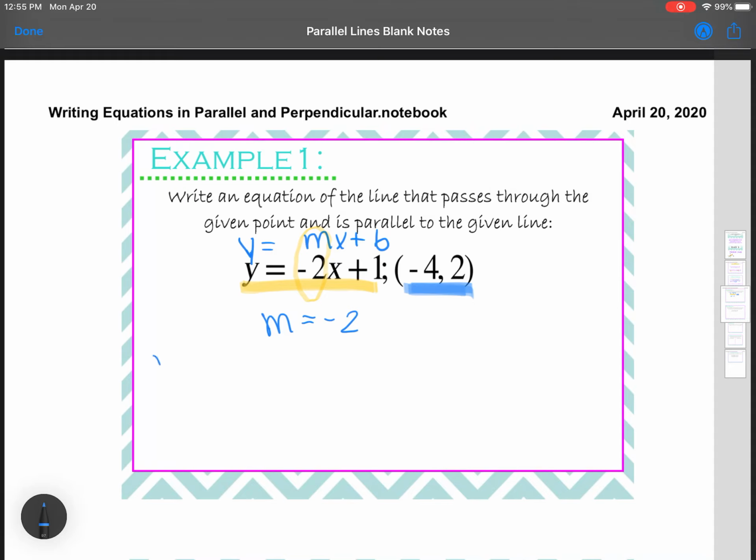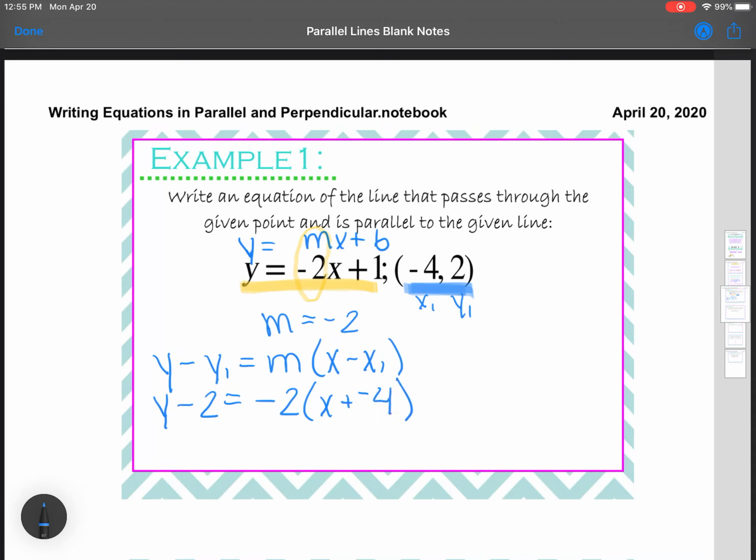So, I'm going to write my point-slope form. Y minus y1 equals m times x minus x1. I'm going to label this point as x1, y1. And then I'm just going to plug everything in. Y minus y1 is +2. M is -2. X minus -4. Well, that becomes x plus 4. Now, to move it into slope-intercept form, I have to distribute my slope to what's in the parentheses.